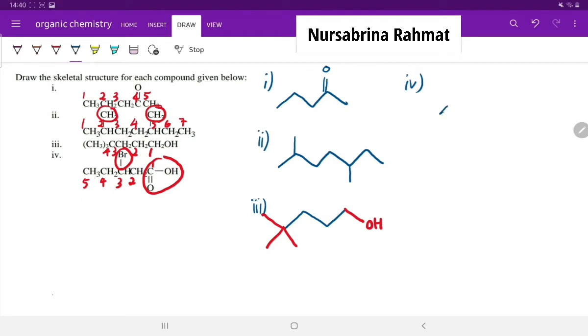So 1, 2, 3, 4, 5. At the first carbon I have here C double bond O, so double bond O, and then OH. And at the third carbon I have Br, so first, second, third, so this is your Br. So that's how you draw your skeletal structure.